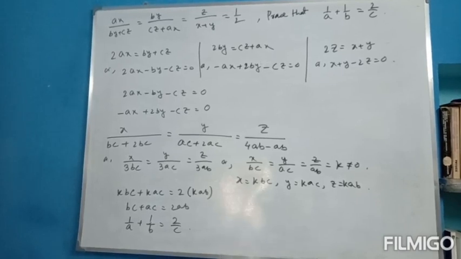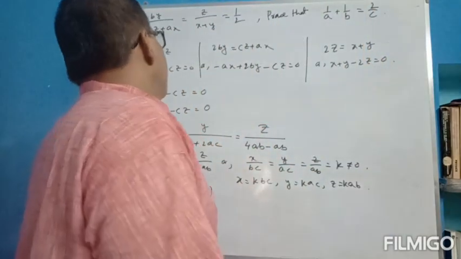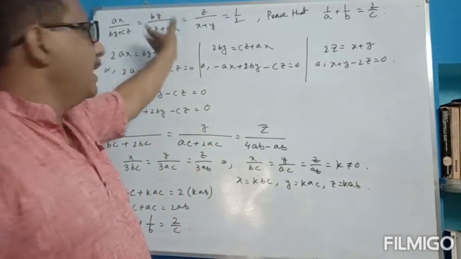ax by by plus cz is equal to by by cz plus ax is equal to z by x plus y is equal to half. Then prove that 1 by a plus 1 by b is equal to 2 by c. So first we see that the relation is given in x, y, z and a, b, c.